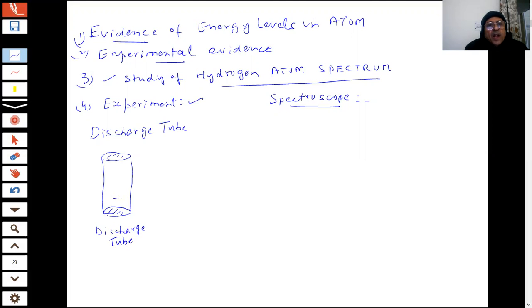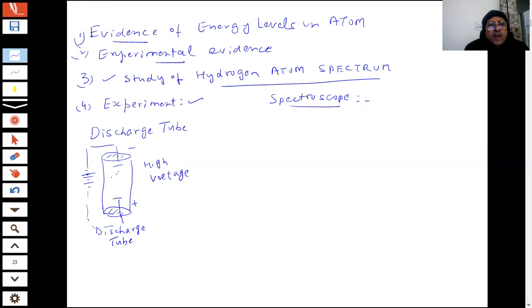And this contains electrodes, positive and negative electrodes. One is the anode, the other is the cathode. And they will apply a very high voltage.